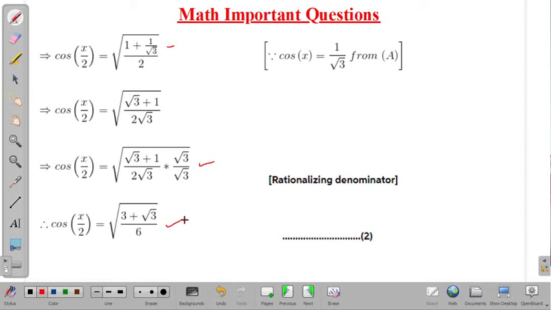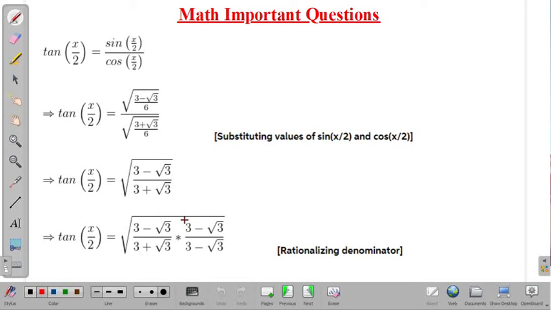Okay friends, now we have the value of sin x by 2 and we also have the value of cos x by 2. So we can calculate the value of tan x by 2 as sin x by 2 divided by cos x by 2, and substituting the value of sin x by 2 and cos x by 2, we will get tan x by 2 equal to under root 3 minus root 3 divided by 3 plus root 3.